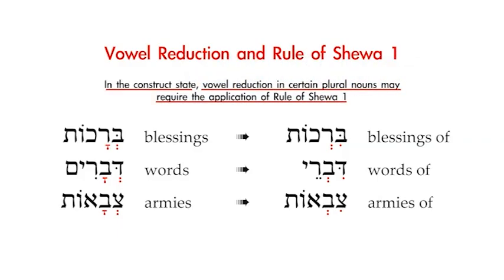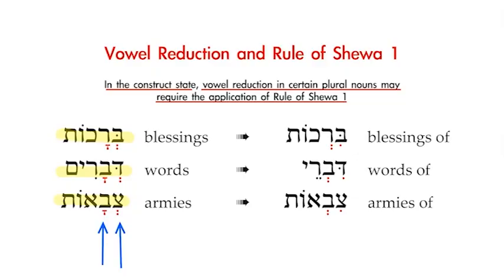Let's look at the examples in the left-hand column, and you'll see these plural nouns: berakhot, devarim, tzevaot. You'll also observe that under the first syllable, we already have vocal schwa. When these nouns move into the construct state, the second syllable will also become propretonic and reduce to vocal schwa. You would then have two vocal schwas at the beginning of the word.